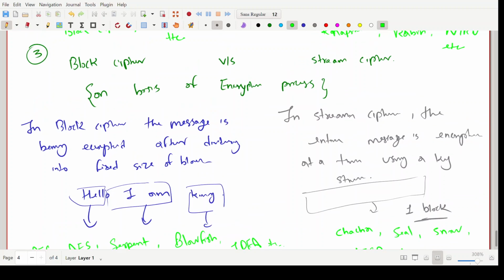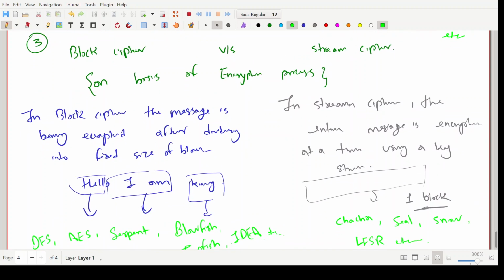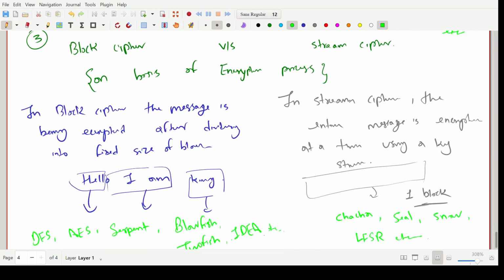So if you are dividing on the basis of encryption process, these are the two types: block cipher, stream cipher.